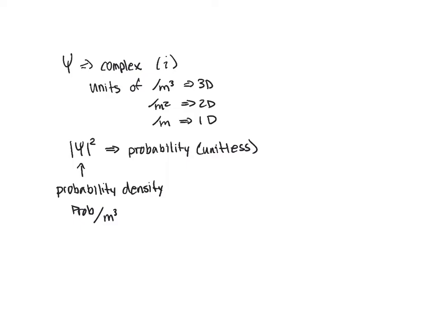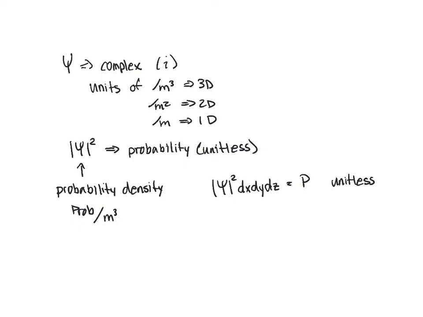So if we want this to be a true probability, then that means we have to take the wave function squared times a volume element, and then that will give us a true probability, in terms of a unitless number.